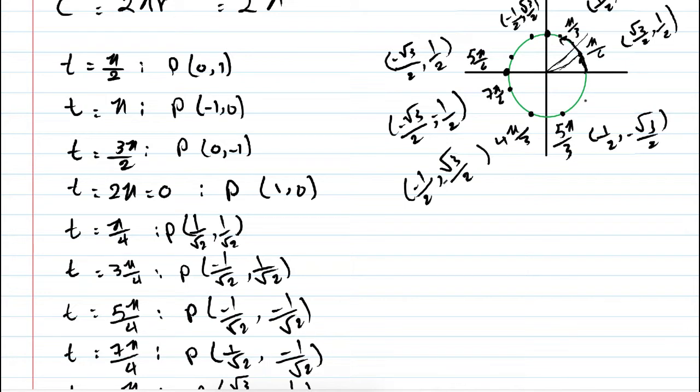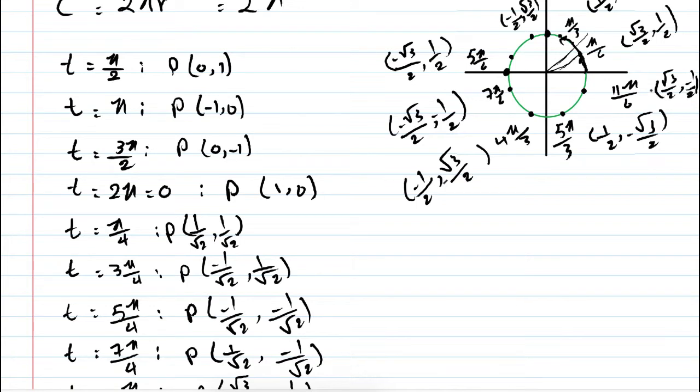Okay, for 11 pi over 6, which is right here, the terminal points are exactly as 5 pi over 6. However, here we will have the y to be negative and the x to be positive. So it will be the square root of 3 over 2 and negative 1 over 2.